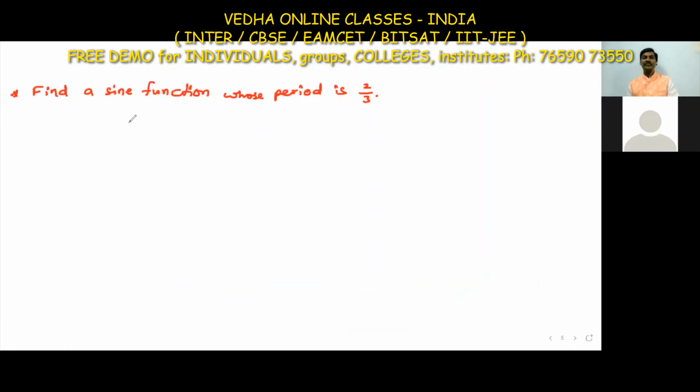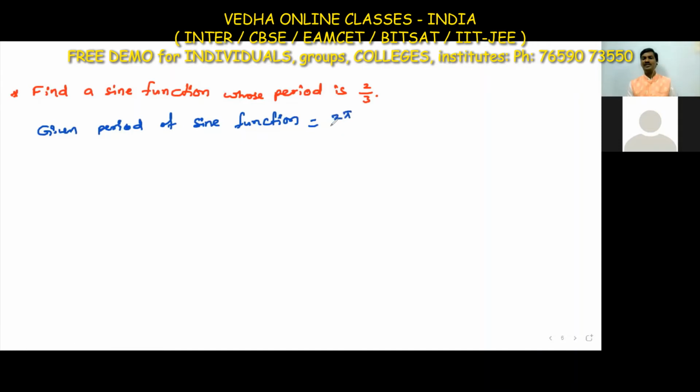Next. Find a sine function whose period is 2 by 3. Similarly, we have to apply the same method here. What is given here? The period of the sine function, sine of ax.